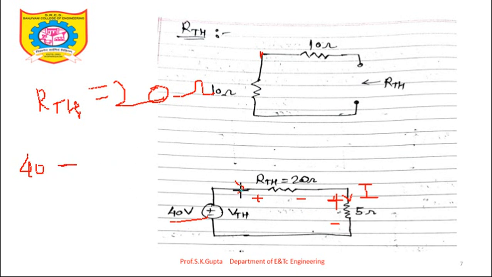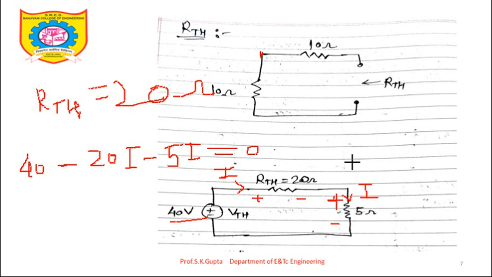So minus, the voltage will be I into 20, since V equals IR, so 20I. Then one more, what will be the voltage across this 5 ohm? 5 times I equal to 0. Minus 20I minus 5I, minus 25I.